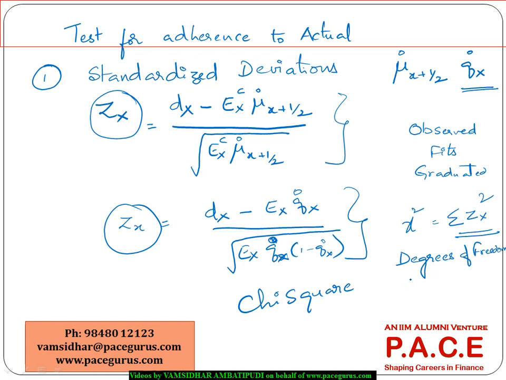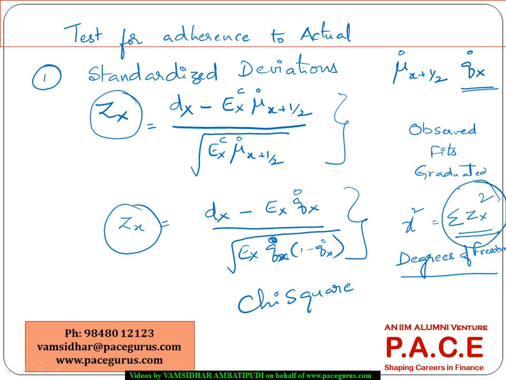It generally depends on the kind of graduation model that is being used. We'll discuss it slightly later, but depending on the model used for the graduation purpose, we'll use the degrees of freedom accordingly.